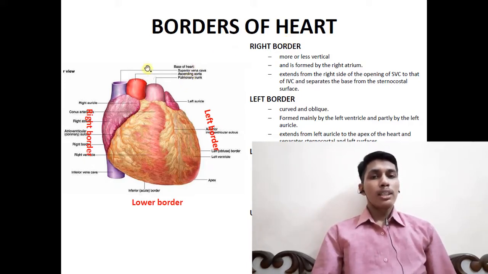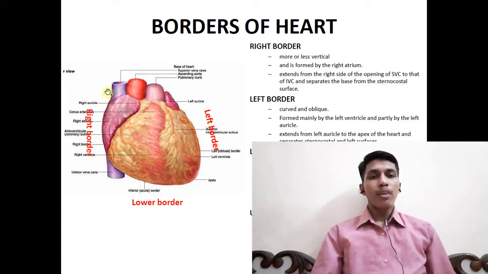So this is the anterior view of the heart, or the view of the heart from the sternocostal surface. Assuming it to be a square, this is the upper or superior border, this is the inferior or lower border, this is the right border, and this one is the left lateral border. Here we find that the right border is more or less vertical, and it is formed of the right atrium.